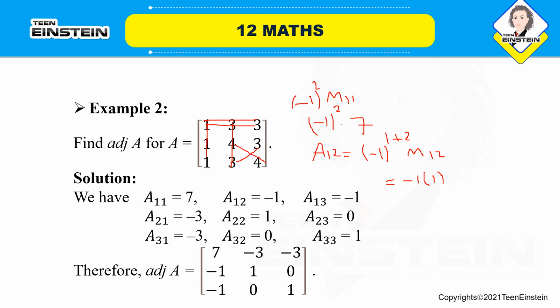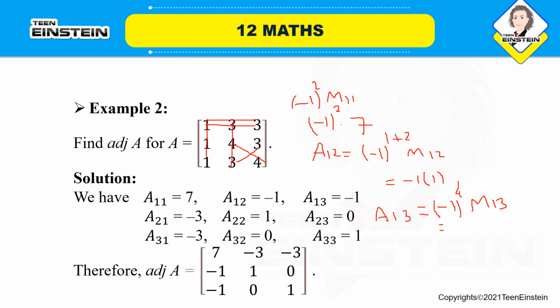Next, cofactor of the element small a13. Okay, it is capital A13. So capital A13 by definition is minus 1 whole to the power 1 plus 3. What is 1 plus 3? It is 4 into the corresponding minor M13. Okay, so what is minus 1 whole to the power 4? It is plus 1. What is M13? We are finding the cofactor of the element 3.